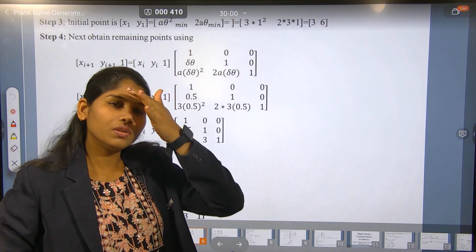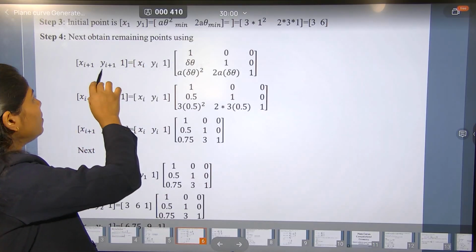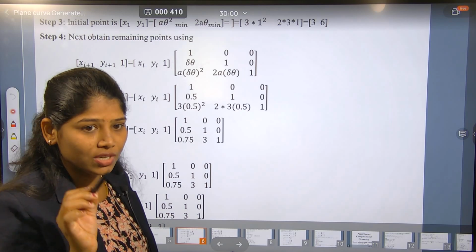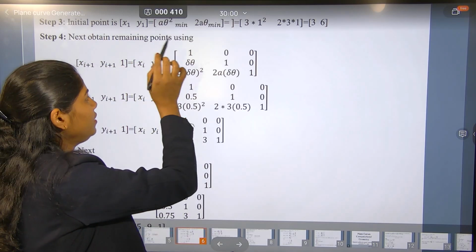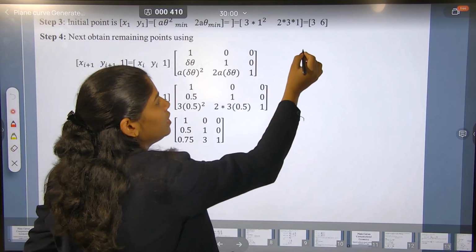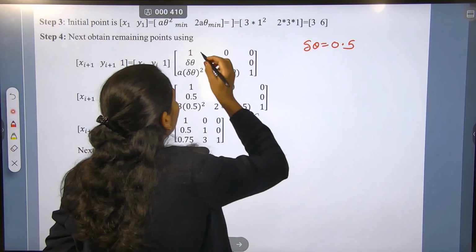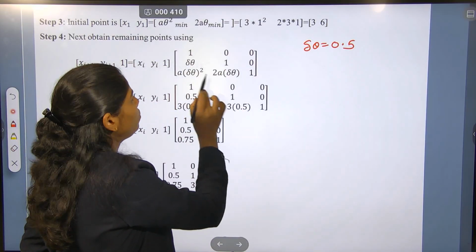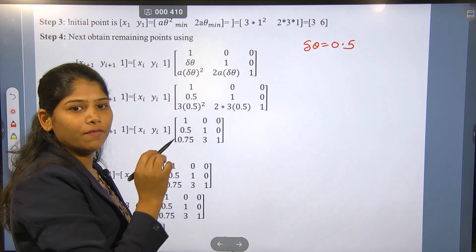Next we know how to find out the remaining points using [xi plus 1, yi plus 1, homogeneous coordinate 1] equals [xi, yi, 1] into this matrix. So we have the value of del theta as 0.5. So put here the values: 1, 0, 0, 0.5, 1, 0, then a, the value of a is 3.